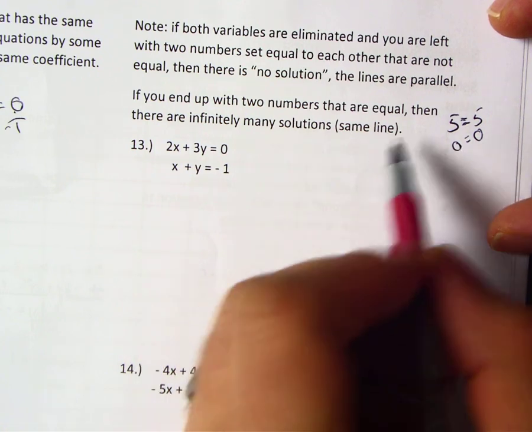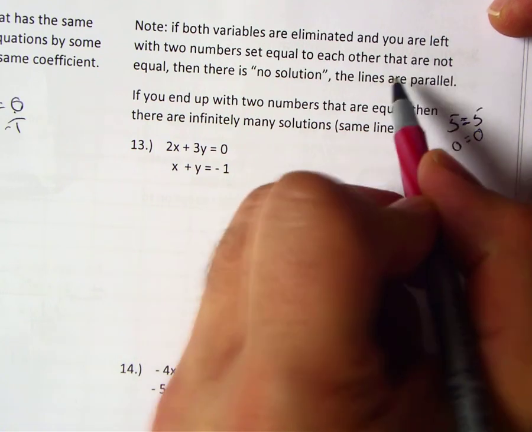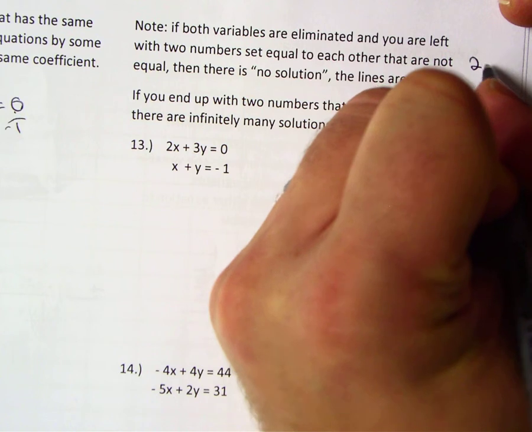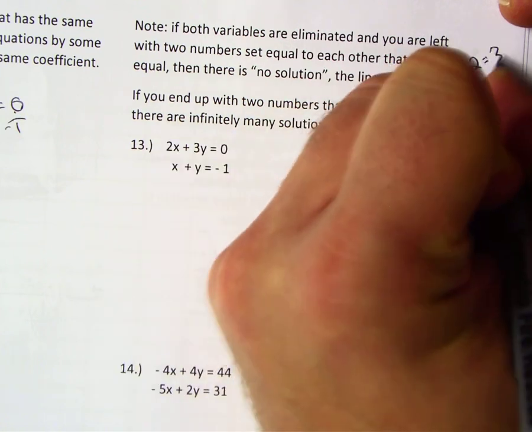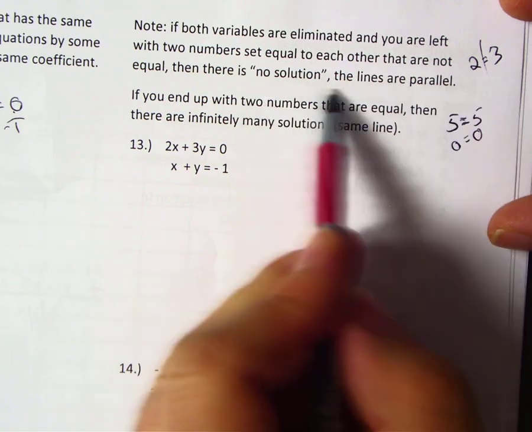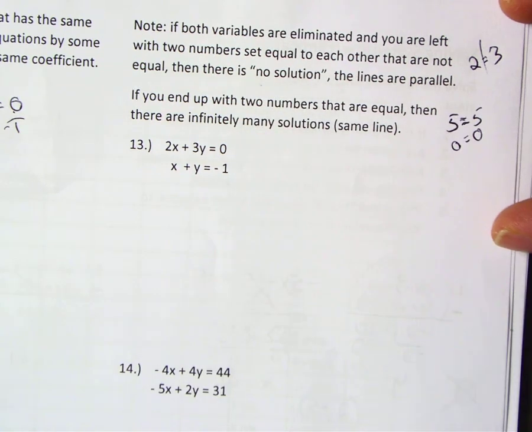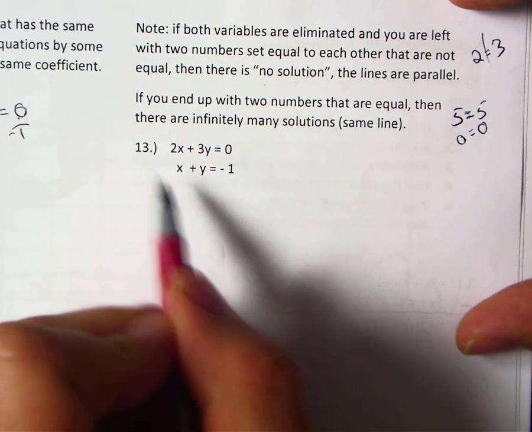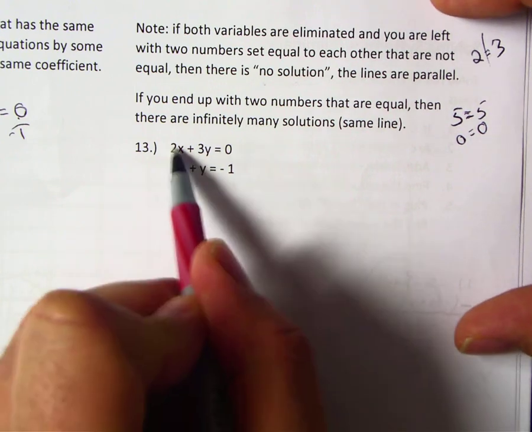Any number works, right? In this case up here, if you were to get like 2 equals 3, that would be, does not equal, so that would be no solution. Nothing you could do would make that correct. Okay? Let's go ahead and do number 13 though.